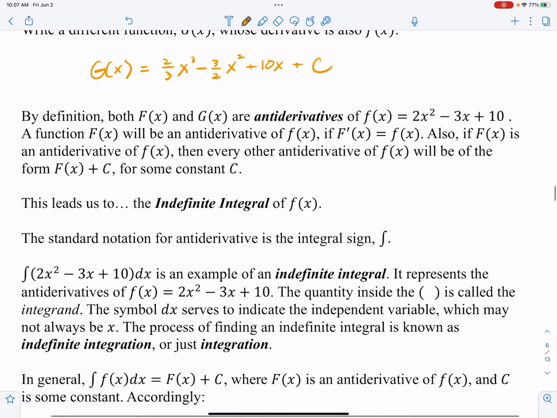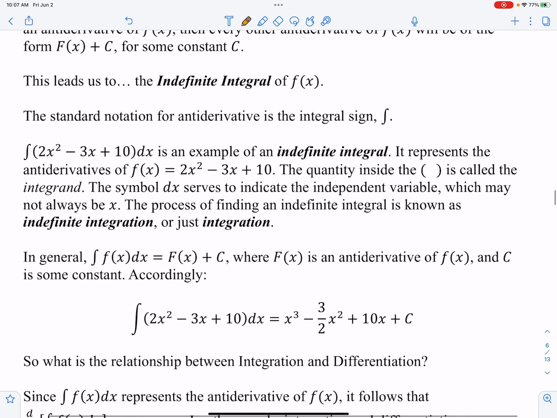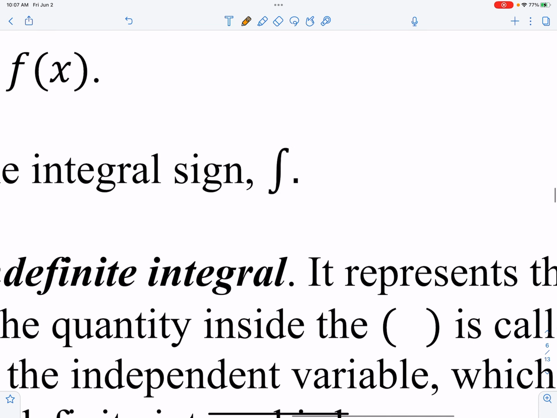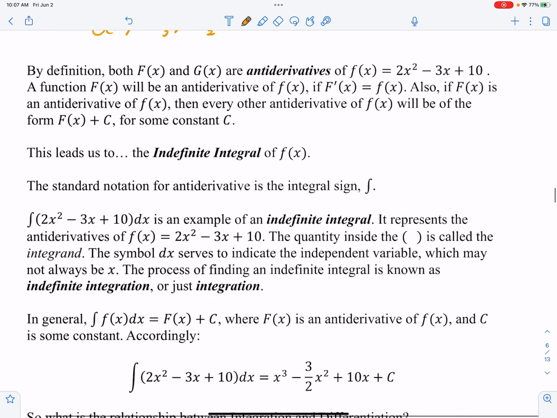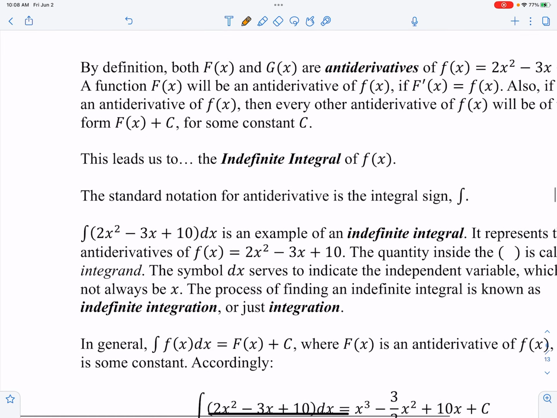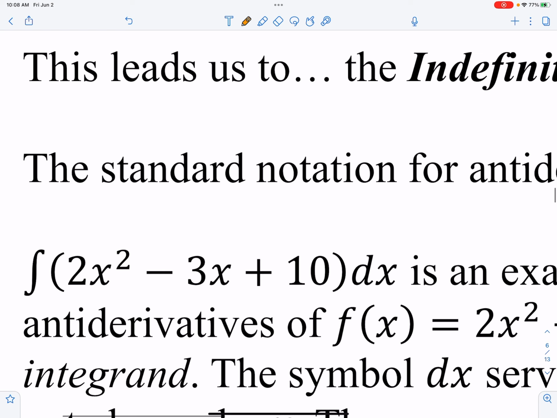So this leads us to the indefinite integral of f of x. So the standard notation for antiderivative is using what we call the integral symbol, this kind of elongated S. So the integral of lowercase f of x, right?